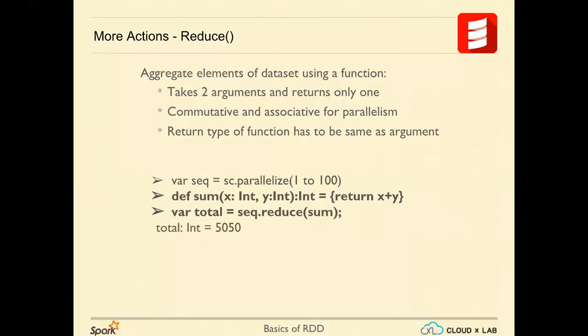The important part is sum is taking two integers as arguments and returning an integer. If it was taking two strings as arguments, it would have to return another string.